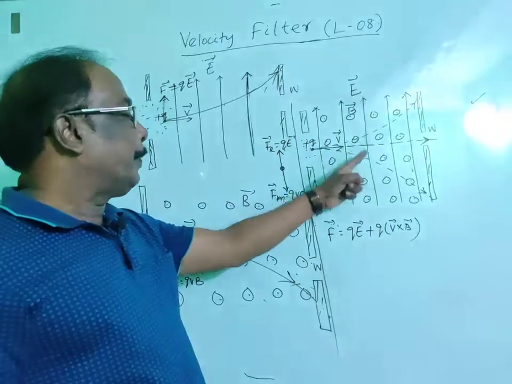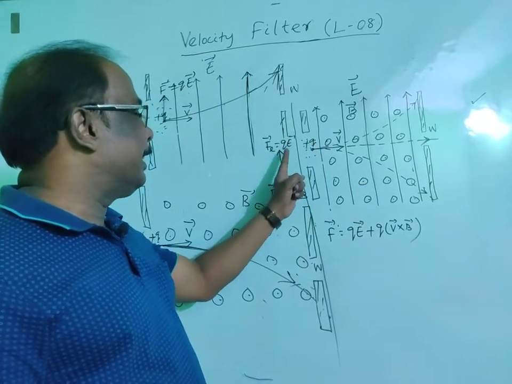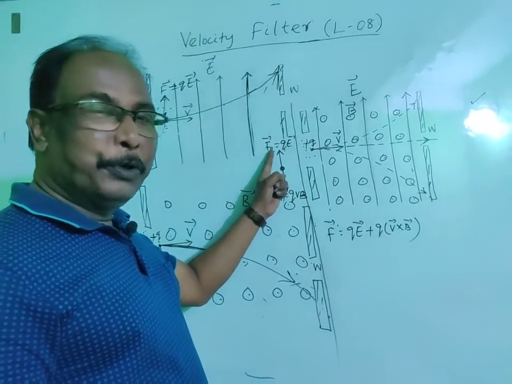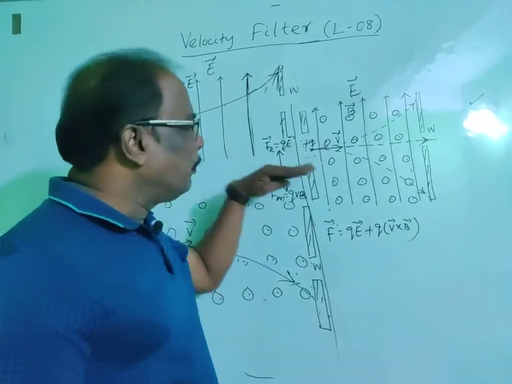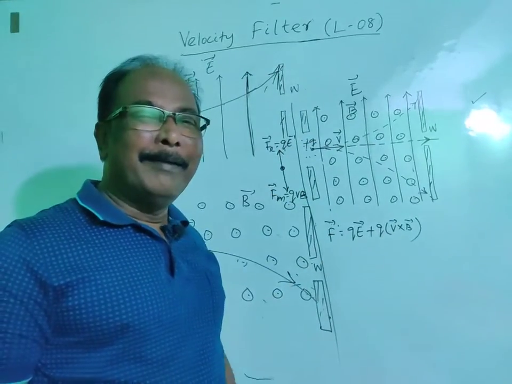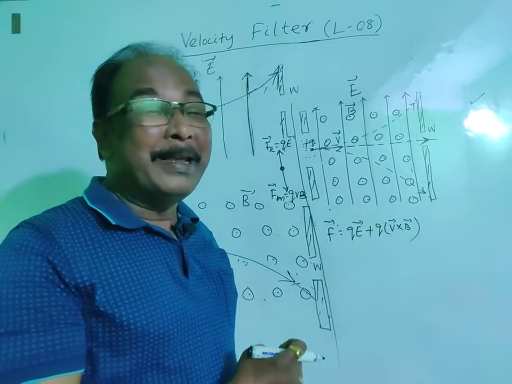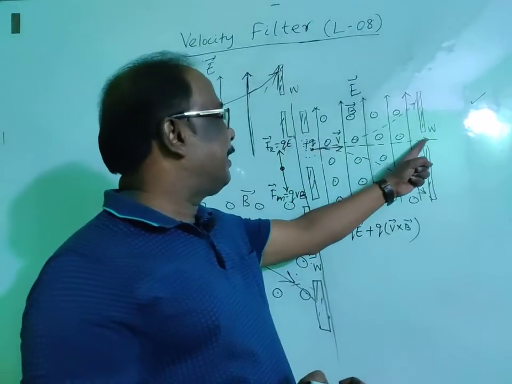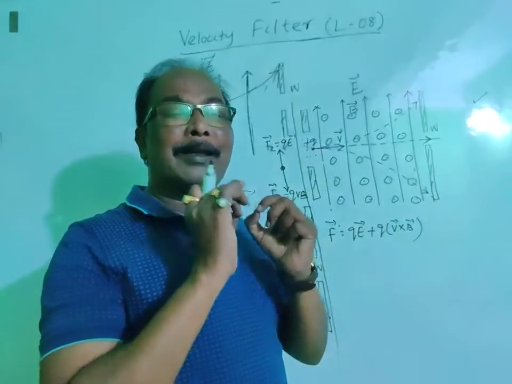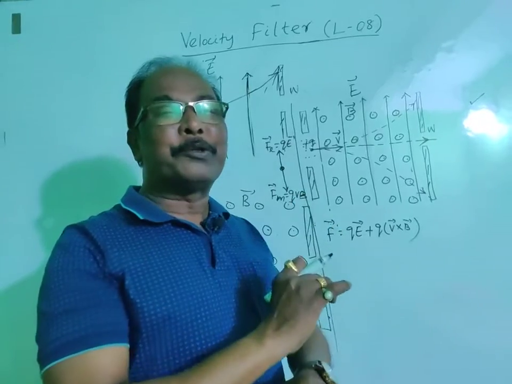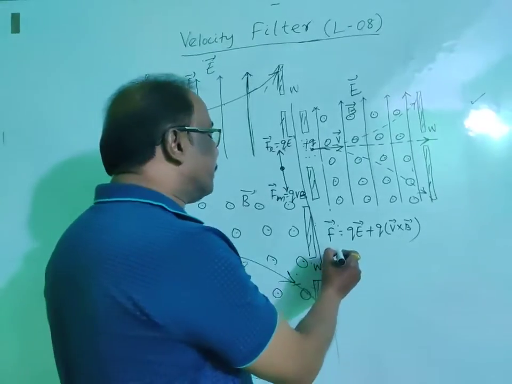So due to the presence of both electric and magnetic field, the charged particle experiences a force due to the electric field and a force due to the magnetic field. Then how will the charged particle move straight, undeviated, to pass through the window? The resultant force on the charged particle should be zero.